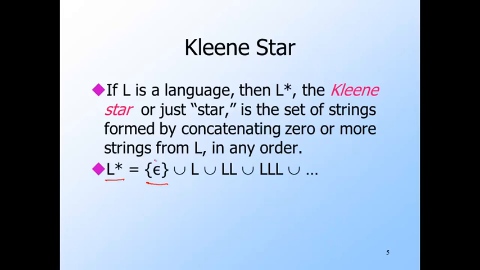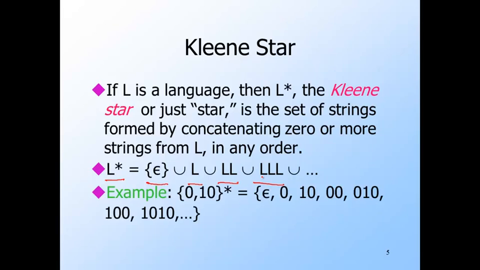The empty string is always in the star of any language because that represents no choices of string from L. Then union with L itself. And then we can take two strings from L, so we take L concatenated with L. We can take three strings, and so on. Anything you can form by concatenating any number of strings from L will be in the language L star.